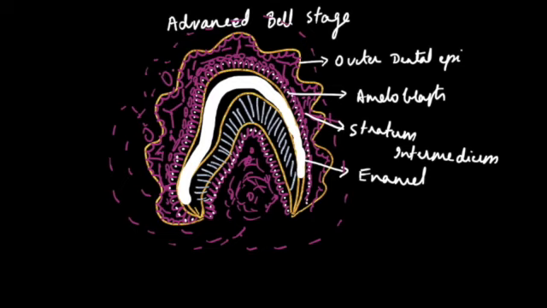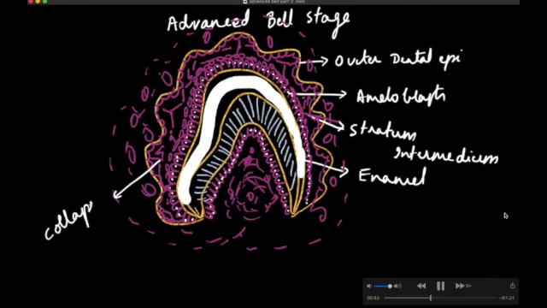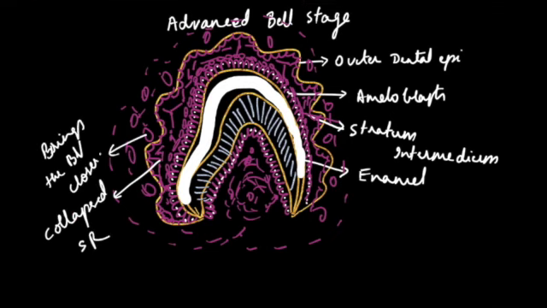To bring the blood vessels closer to the ameloblasts from the dental follicle cells, the outer dental epithelial cells get thrown into folds. This is how the nutrition now is from the dental follicle cells to the ameloblasts, and this is called reversal of nutritional stream. This infolding is due to the collapse of the stellate reticulum.